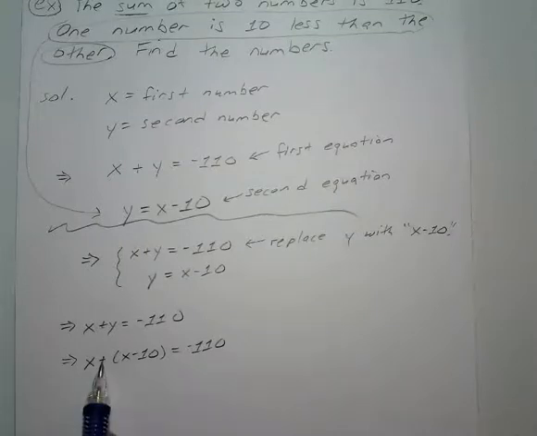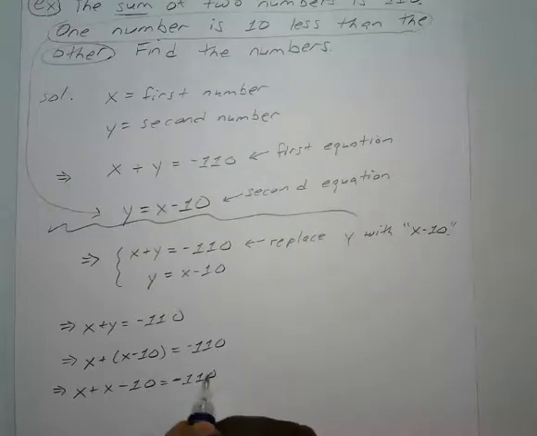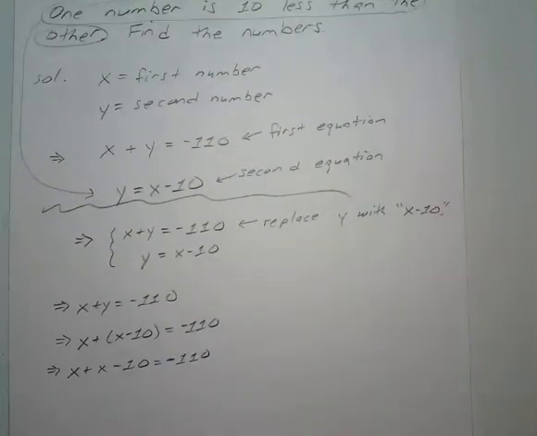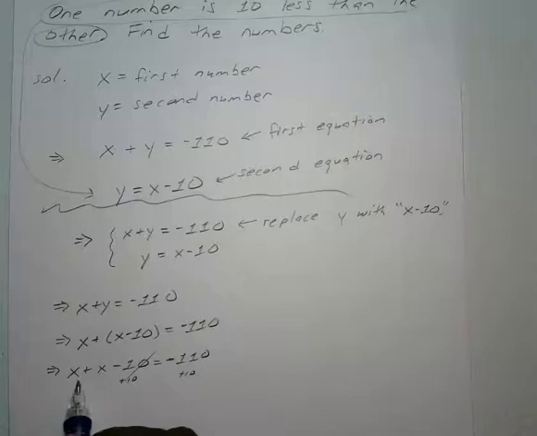Okay, so since that's plus, we're basically going to go ahead and drop the parentheses. So we have x plus x minus 10 equals negative 110. Okay, so we can go ahead and add 10 to both sides, where that disappears. And we can go ahead and combine those two while we're at it.